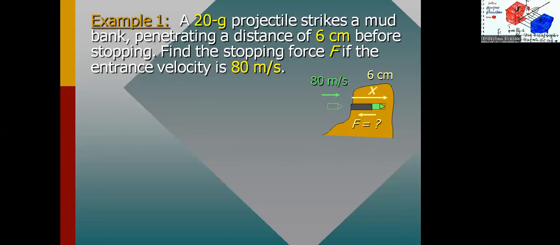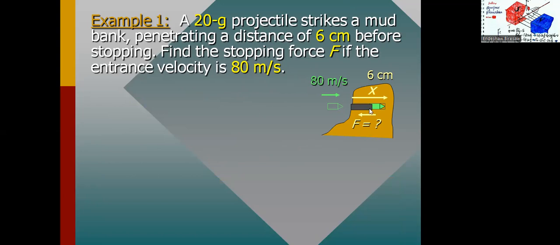Let us see an example related to these expressions. A 20 gram projectile strikes a mud bank, penetrating a distance of 6 centimeters before stopping. Find the stopping force F if the initial velocity is 80 meters per second.